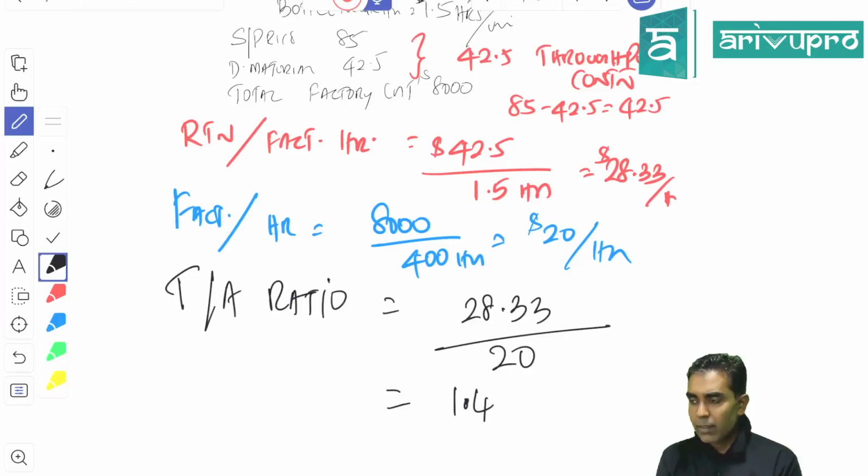Third step, rank the products based on throughput contribution per bottleneck resource.